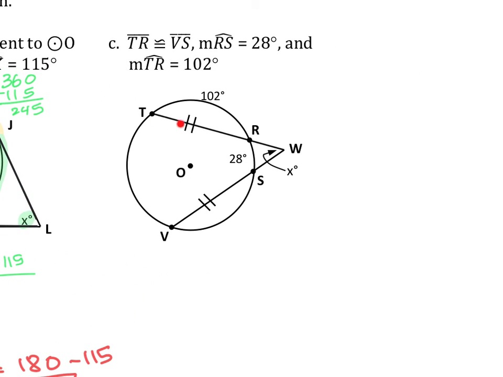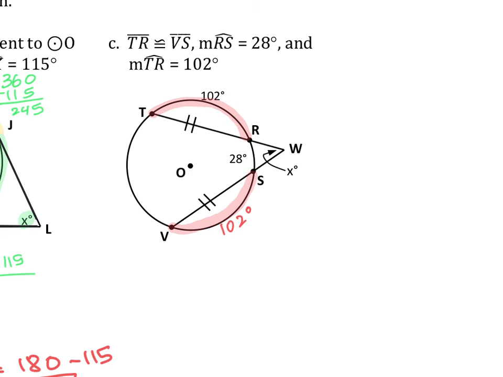Now I know that TR and VS are congruent chords, so they're going to be equal to each other. So that means if this is 102, then the intercepted arcs are going to be congruent. So TR is going to be congruent to VS, since equal chords intercept equal arcs. So that's going to be 102 degrees as well. Now remember that the sum of all the arcs together should be equal to 360.